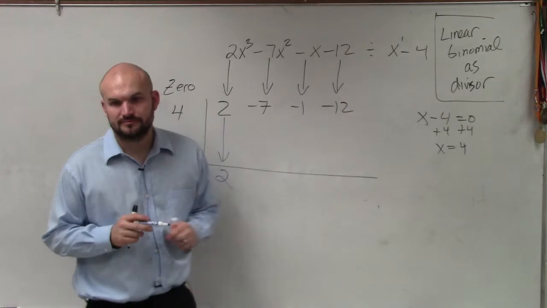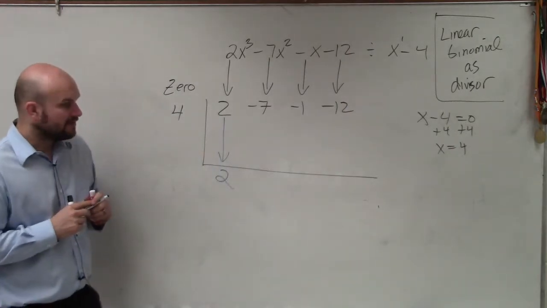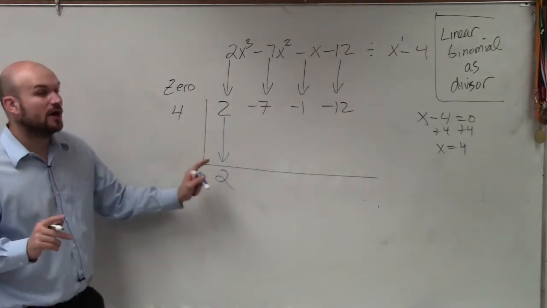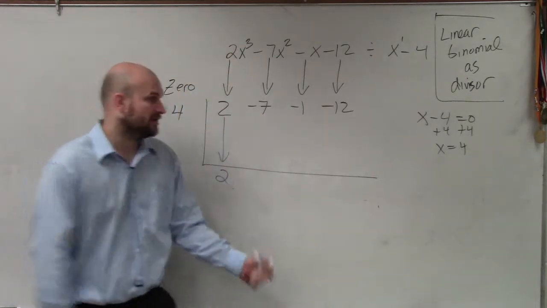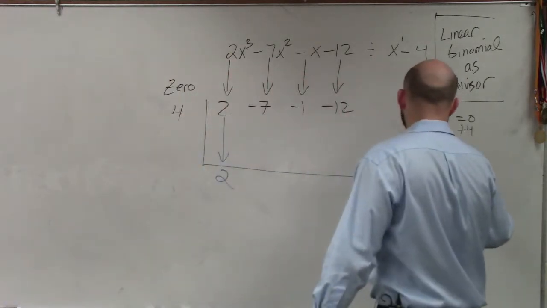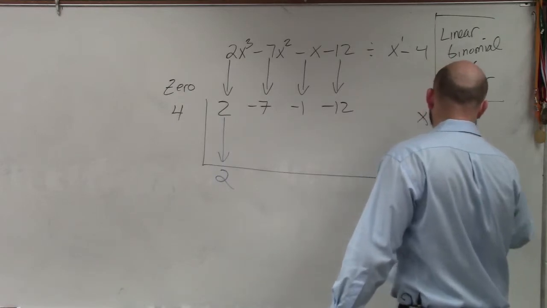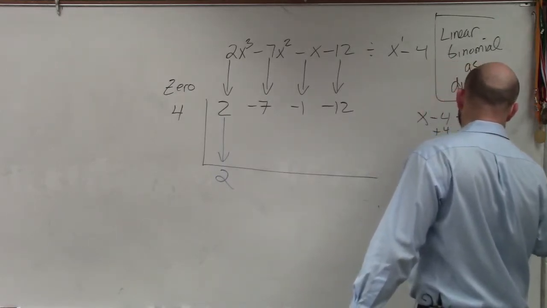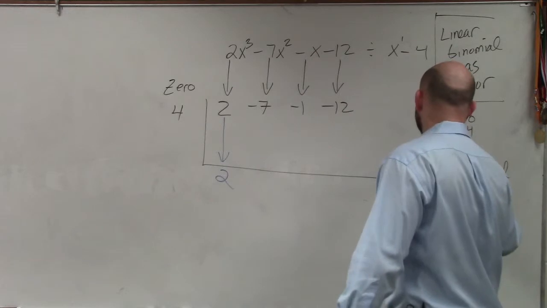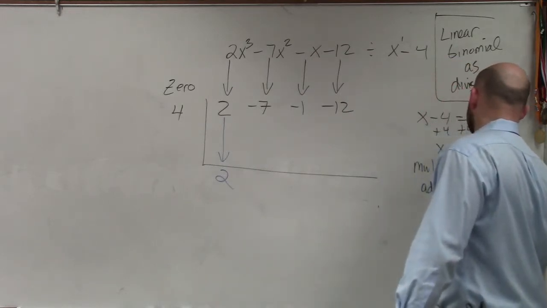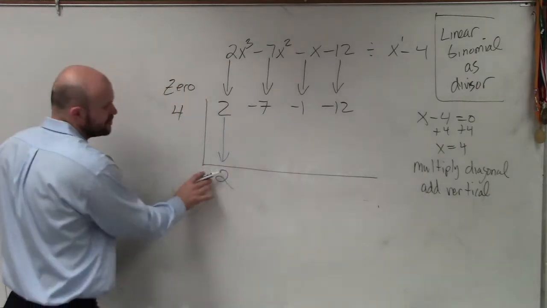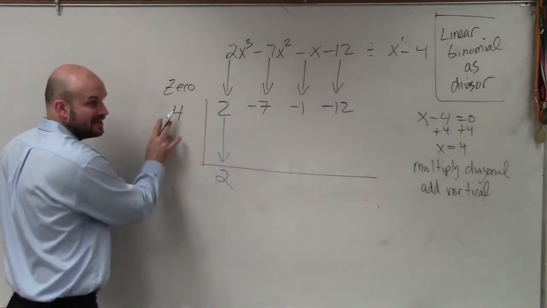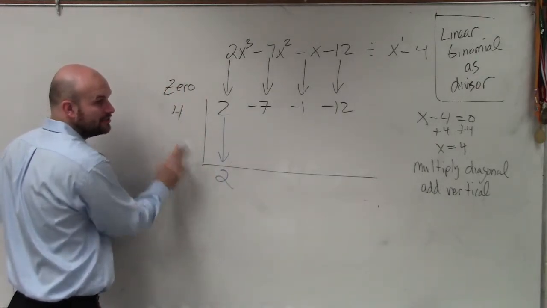That's 2. OK? Then what we do is we always multiply on the diagonals, add on the vertical. If you want to write that down, multiply diagonal, add vertical. So 2 times 4 is 8.